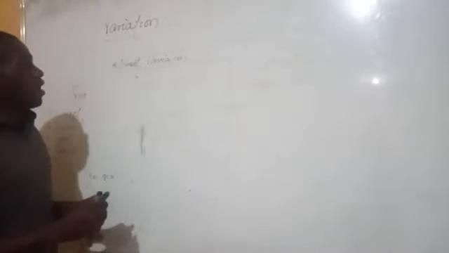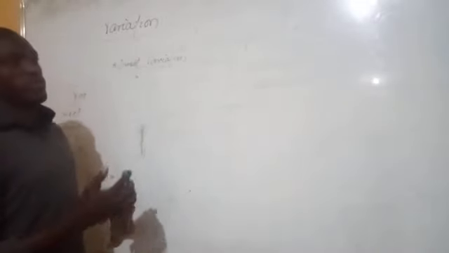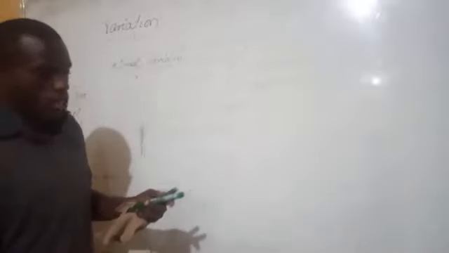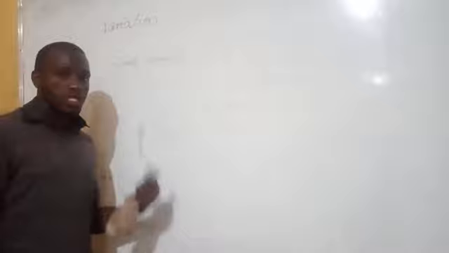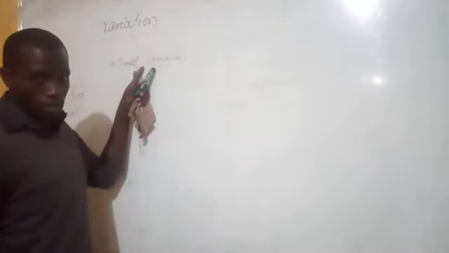For this relationship to be possible, it's this constant that makes it possible. If one variable is going down, the other is going to go down. So if one variable is decreasing, the other variable will decrease since it's a direct variation.